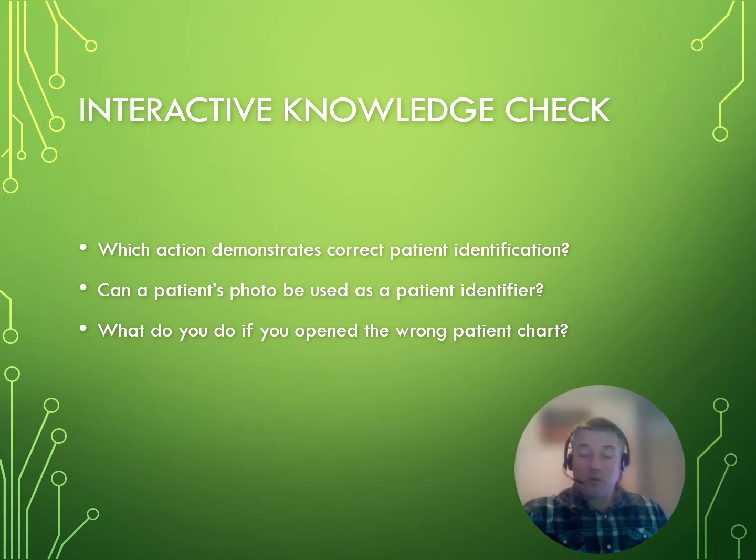Also, a question that you might want to ask yourself is, what sort of patient identifiers are not appropriate? For instance, a patient's photo, would this be considered appropriate or not? Now, we also can discuss what steps we take should we accidentally open or begin documentation inside of the incorrect chart, and we'll discuss that together. So let's take a few moments to reflect on the safest response before moving forward.